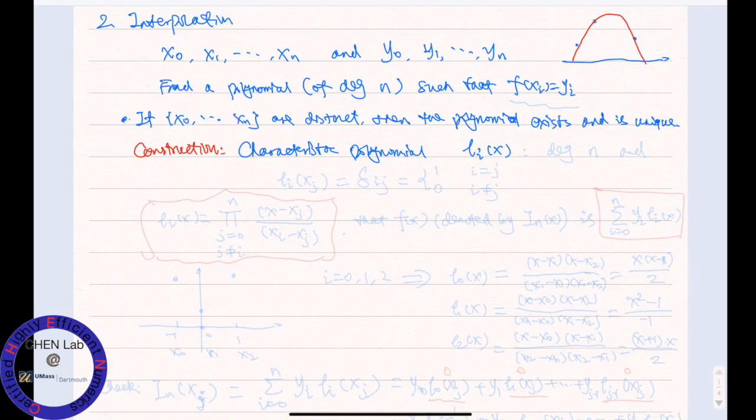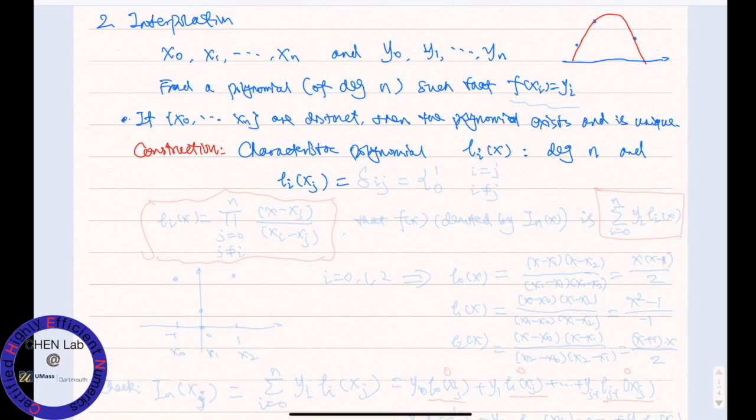First of all, it's degree n, and Li of xj... So you give me i. I'm going to soon give you examples, but let's write this down and try to understand it.